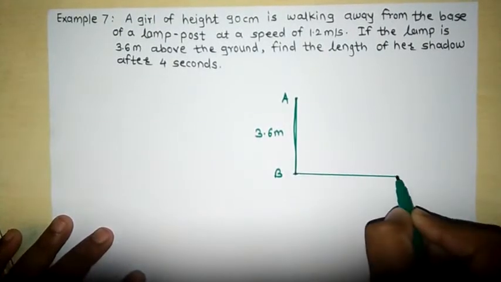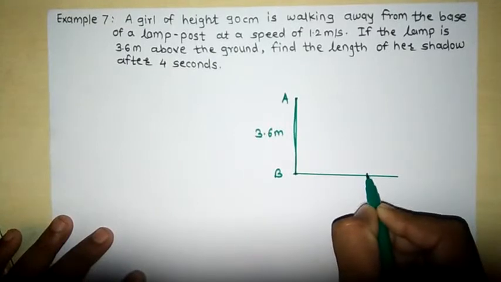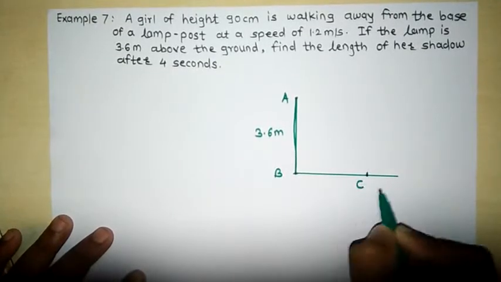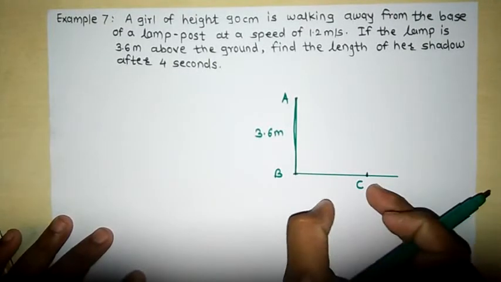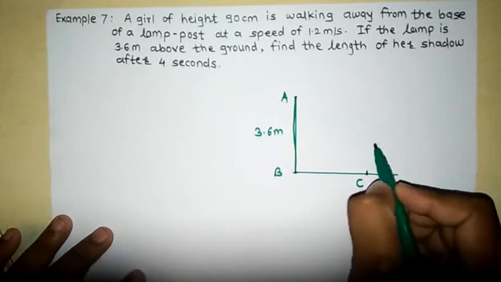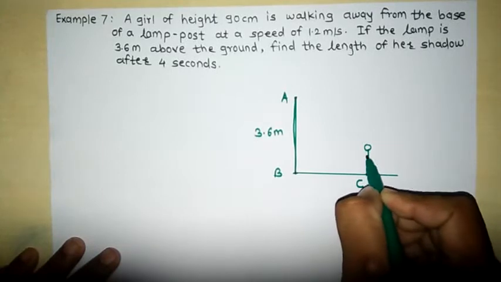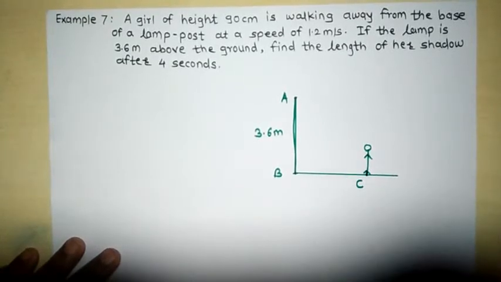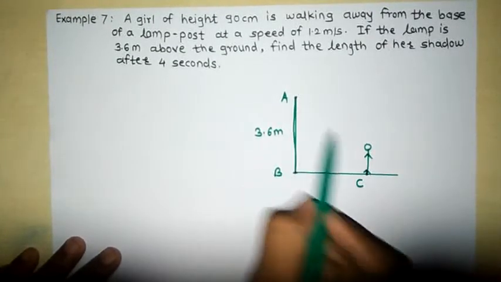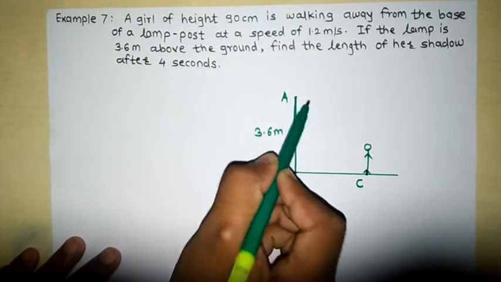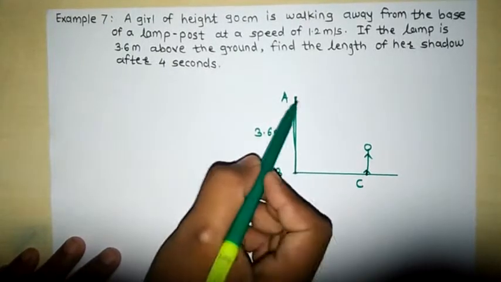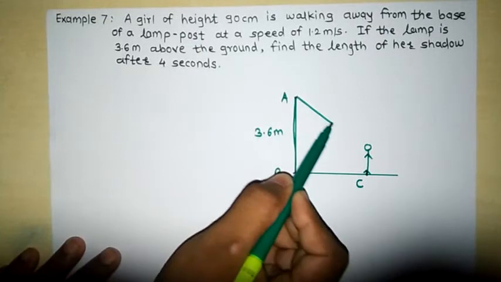I will consider that after 4 seconds she will reach a point C. I will draw a girl here. We will assume a girl. Now see here, light travels in a straight line and the shadow falls on the ground.